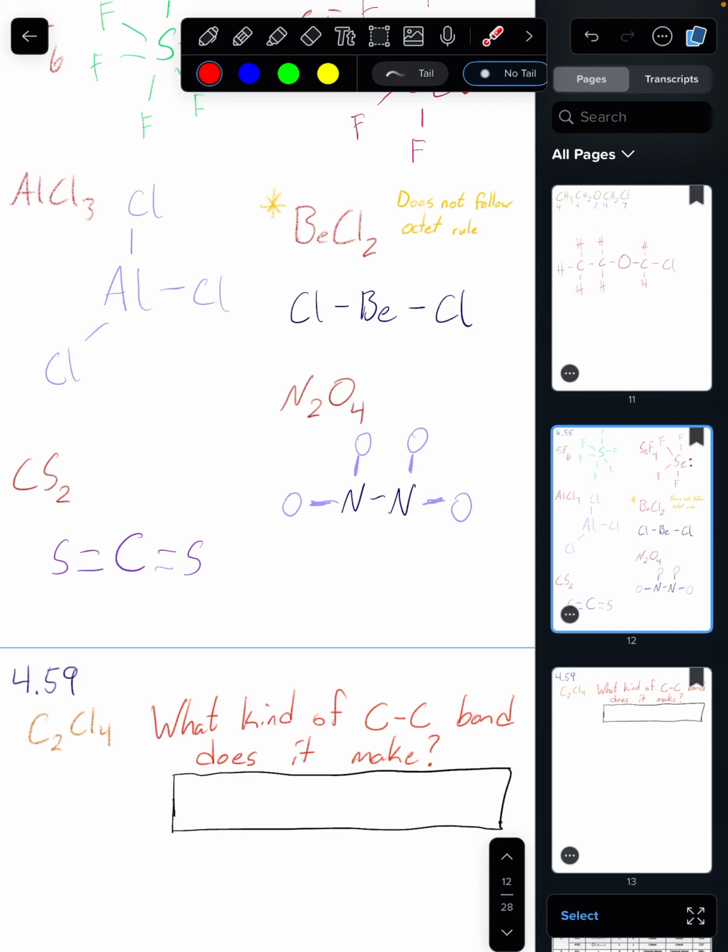So right now, our oxygen's only half happy. And this one's only half happy. So, we can do double bonds here. Okay? And then that's going to be the end for these 2 oxygens.